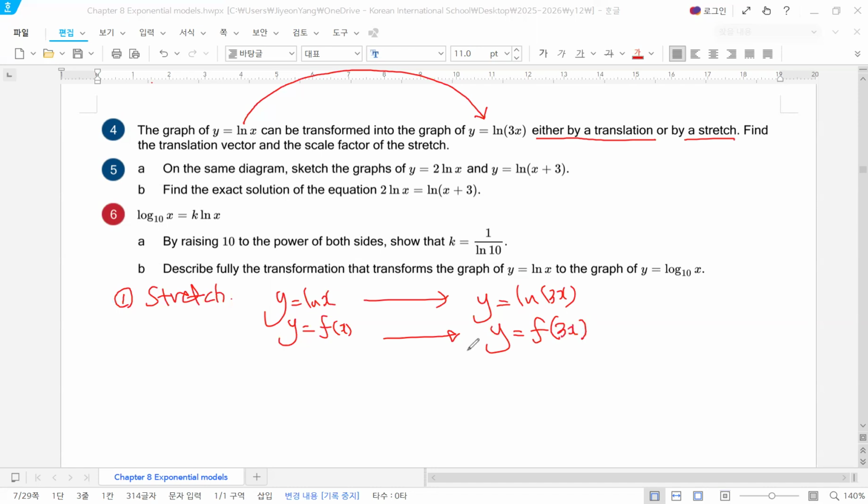Do you understand? So you substitute 3x for x, and y stays y. So it is a stretch. Stretch parallel to the x-axis or the y-axis? The x-axis. Scale factor. What is the scale factor, students? 1/3. Very good.